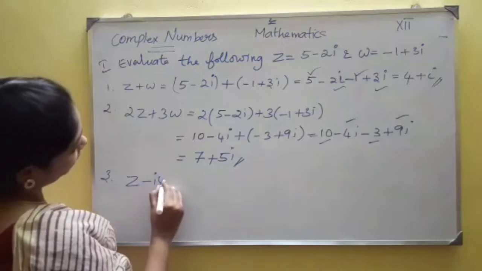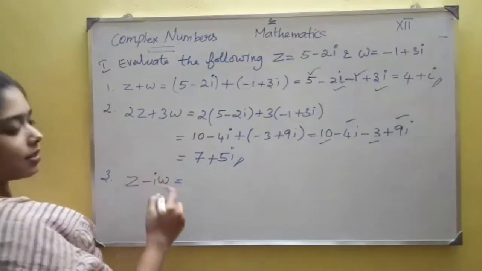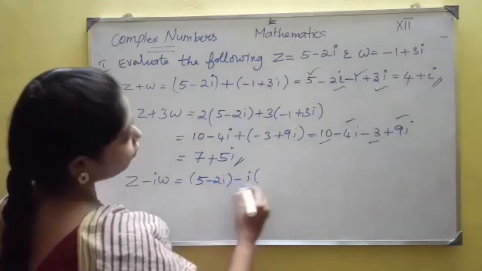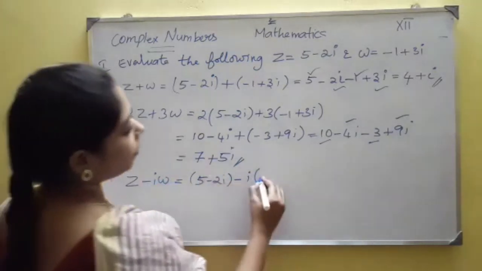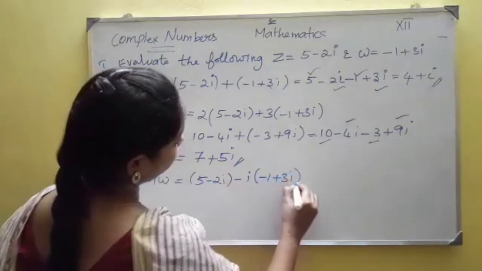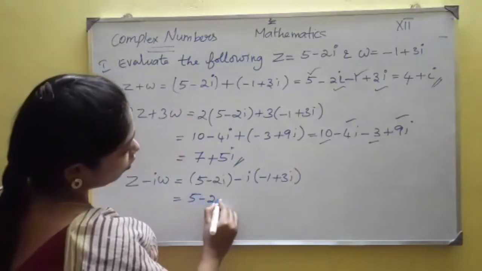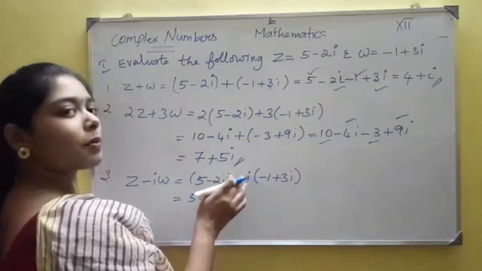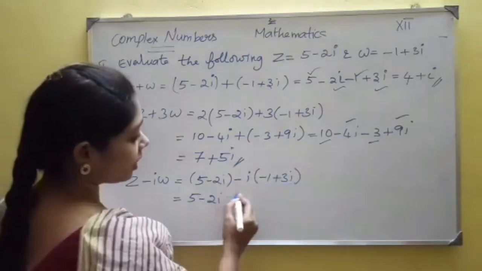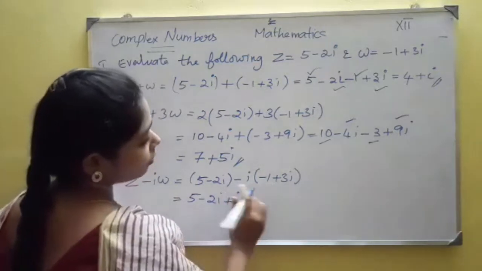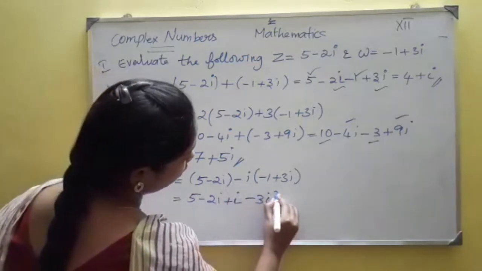Now third problem, z minus iw. What is the value of z? 5 minus 2i, minus i times the w value, minus 1 plus 3i. Now multiply the minus sign and i inside the brackets. You will get plus i, and minus minus 3i square.